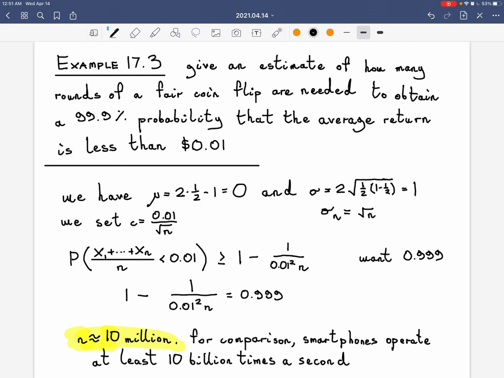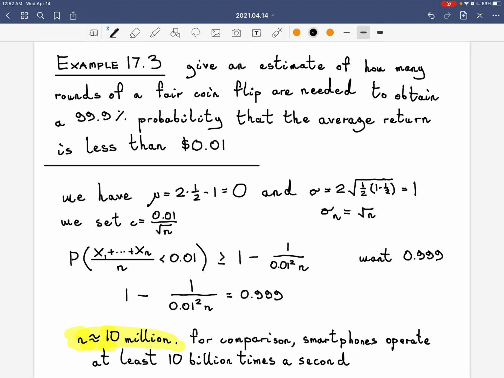And so we can ask a computer what n needs to be to have 1 minus 1 over 0.01 squared n equal to 0.999. That gives us n is roughly 10 million.